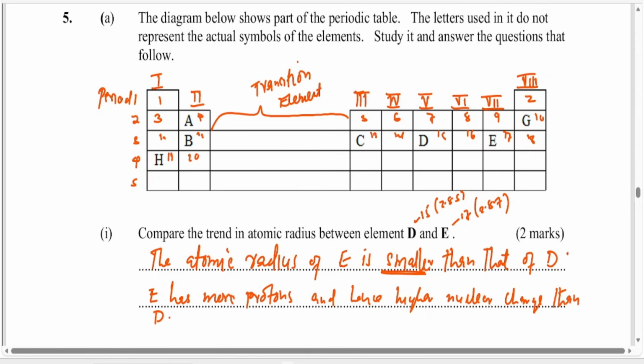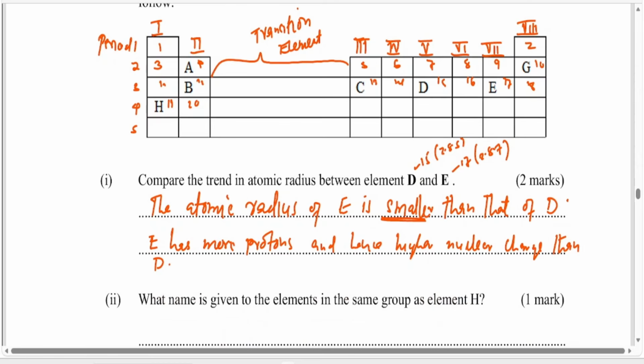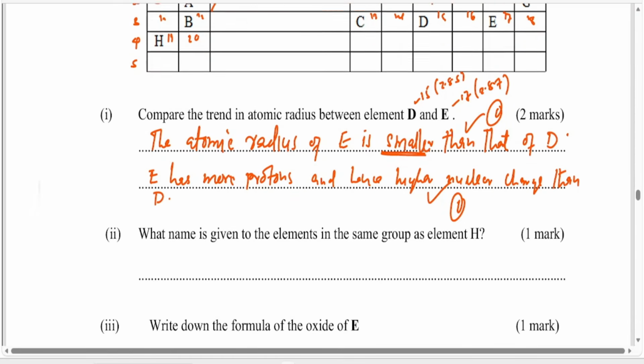So if it has a higher nuclear charge, it has increased nuclear attraction. That makes the atom small. And that is enough to give you 2 marks. So just use the protons that lead to increased nuclear charge. And that brings the difference. So statement 1 mark and the explanation another 1 mark, and that gives you 2 marks.